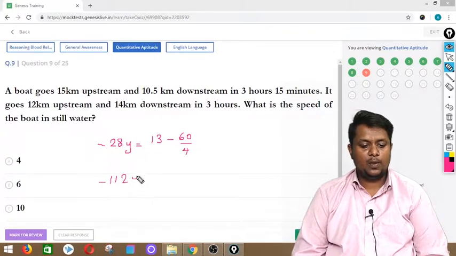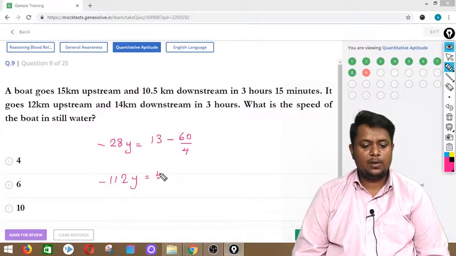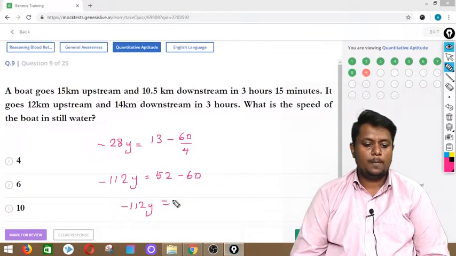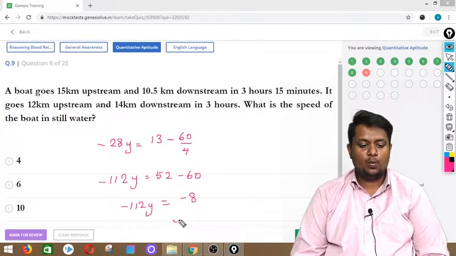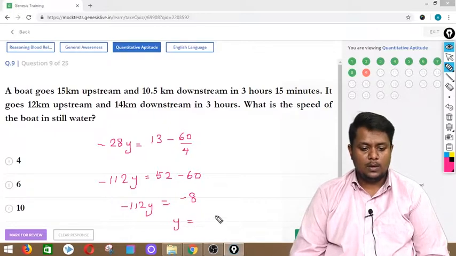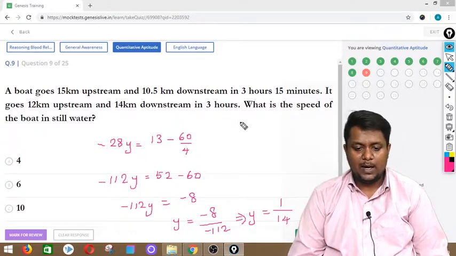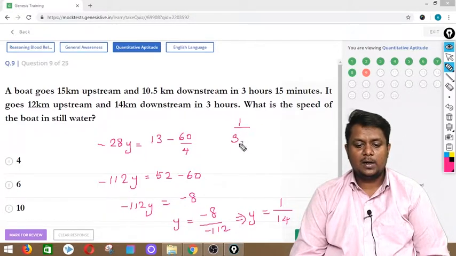Minus 112y is equal to 13 into 4 is 52 minus 60. So, minus 112y is equal to minus 8. y is equal to minus 8 divided by minus 112, which will give y is equal to 1/14.